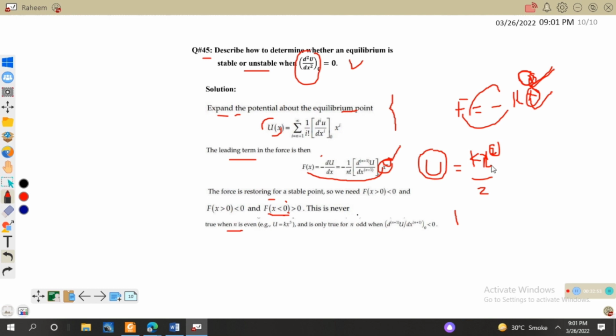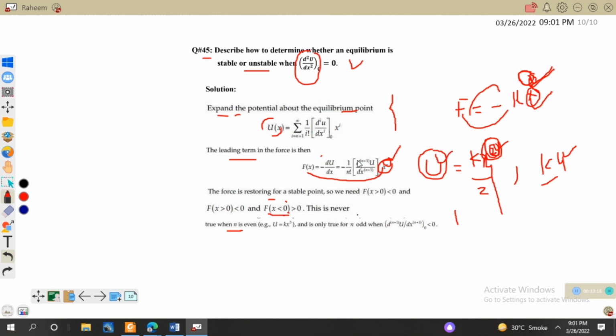If we are considering the potential energy expression, and it contains even powers of x, like kx to the power 4 over 2, kx to the power 6 over 2, and similarly even powers of x in the potential energy, that will be a stable case.